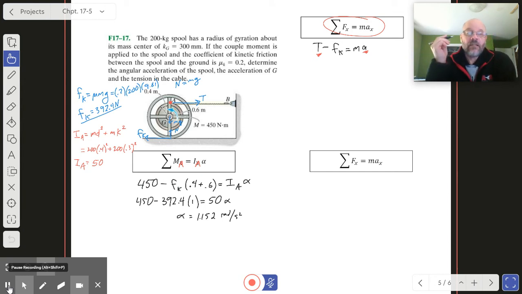Okay, now here's a new term. We haven't used this term yet. This is called instantaneous center. The instantaneous center for a given motion is when you've got a rotation and a translation at the same time, but you can identify a spot that in that one moment doesn't have any rotation to it.